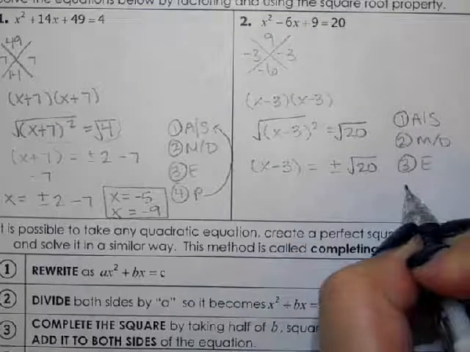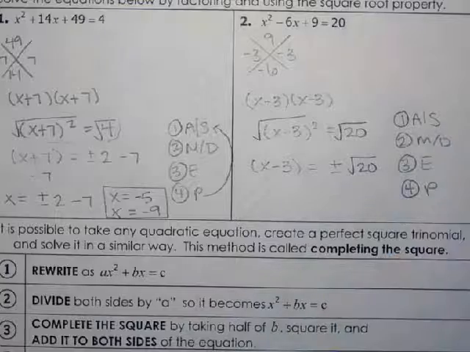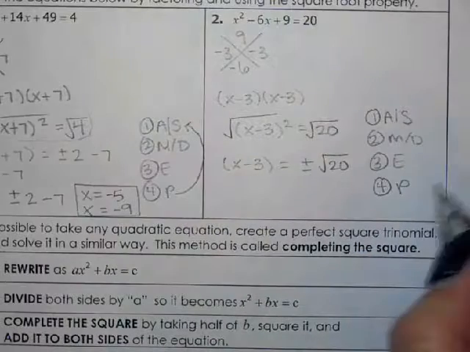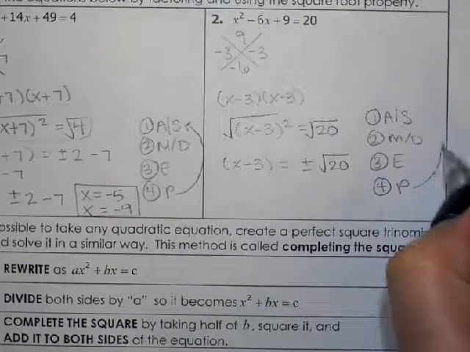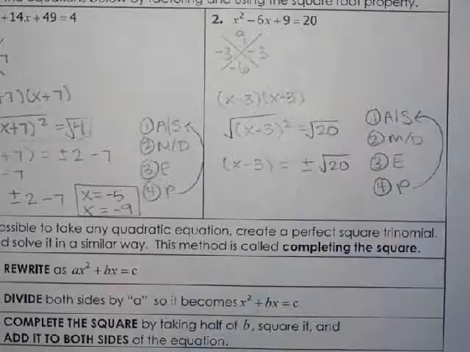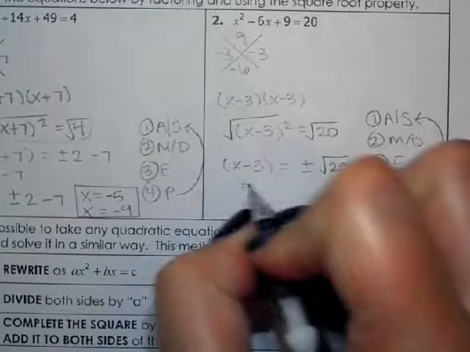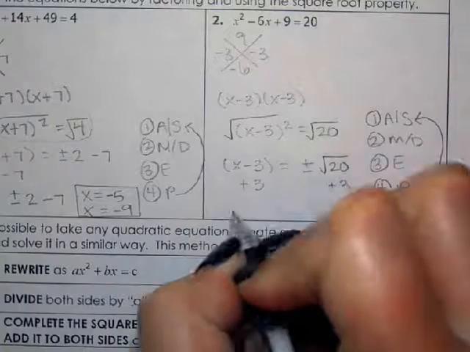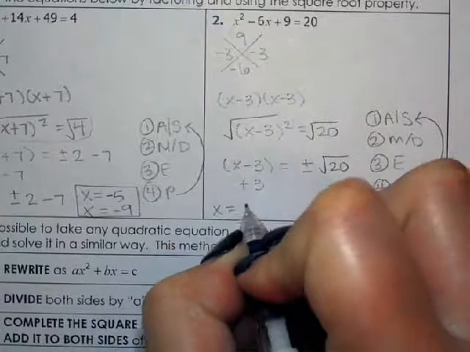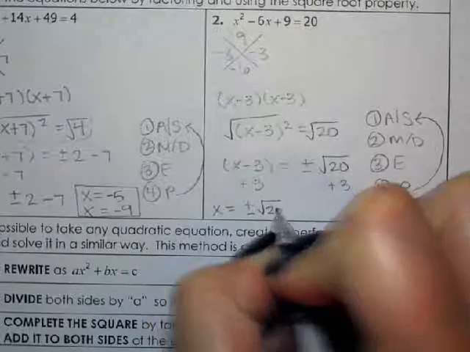Now the fourth step is where I get inside the parentheses, and as I do, I go back through these steps again. So what do I do? Add the 3. So I have x equals plus or minus the square root of 20 with a plus 3 on the end.